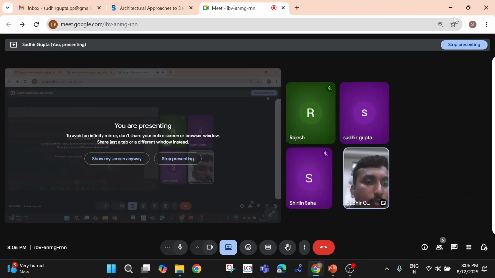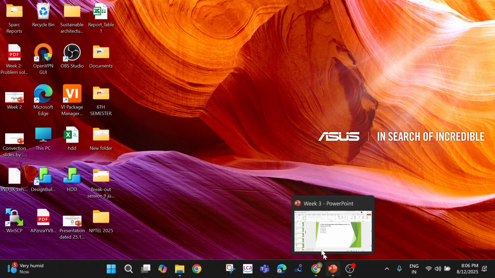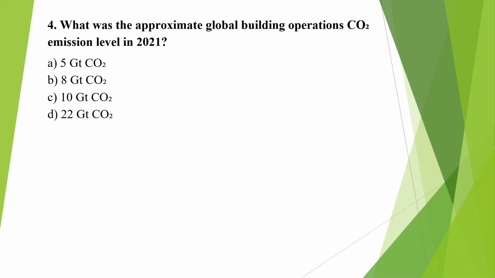Let me project the question again. You can refer to slide 5 of lecture 3 of week 3 as well, parallelly, and from visualizing the things, you can understand it very well. So does anyone more want to add? Rajesh, do you have any answer for this question? Or shall we move to the discussion?